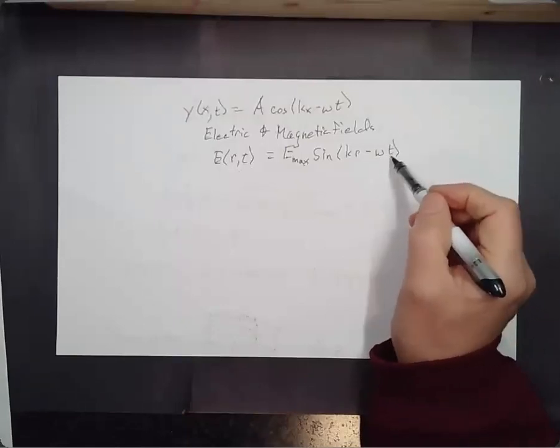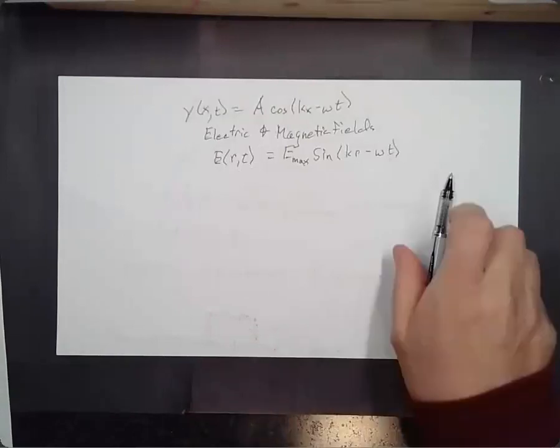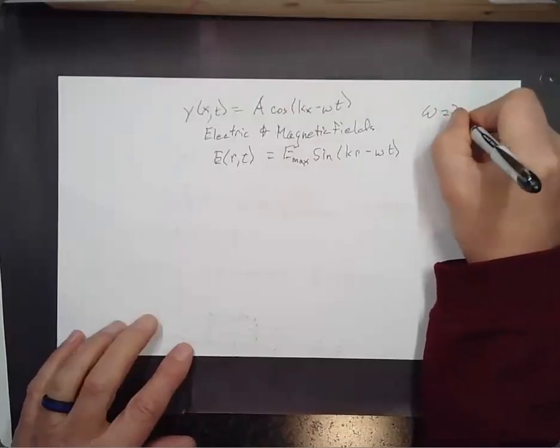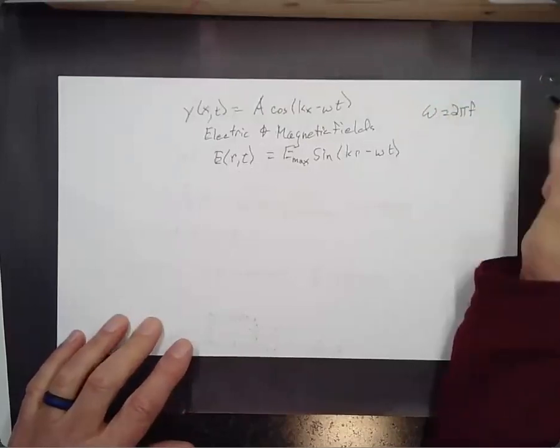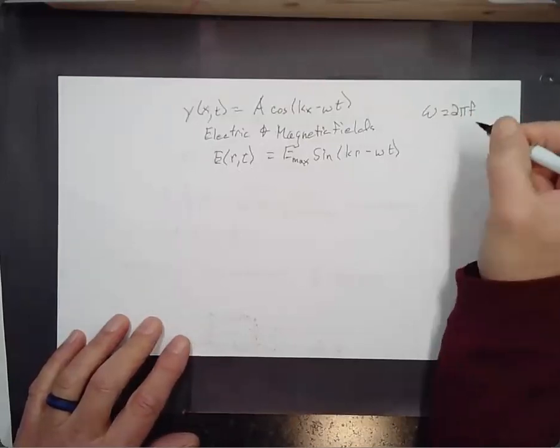And then the omega t part is the kind of time variation of it. Then omega would equal 2 pi times the frequency, just like it did back when we studied other waves, or 2 pi divided by the period.